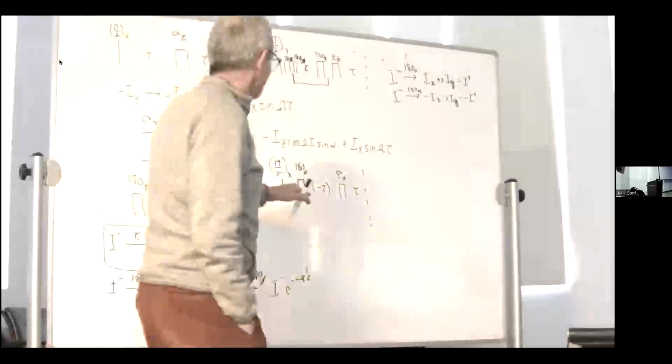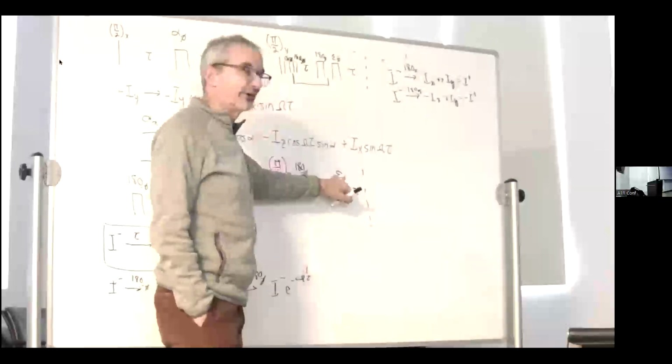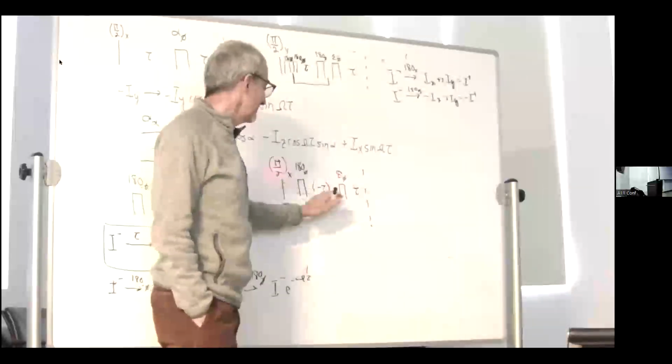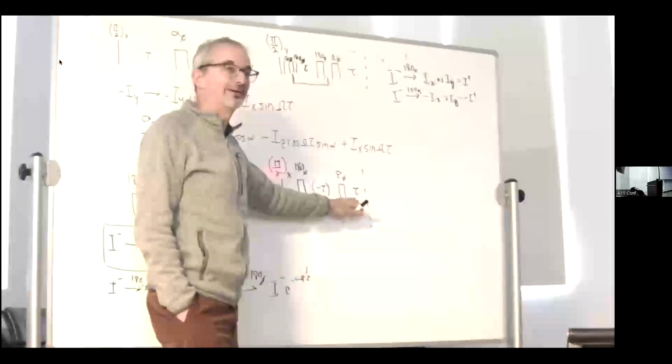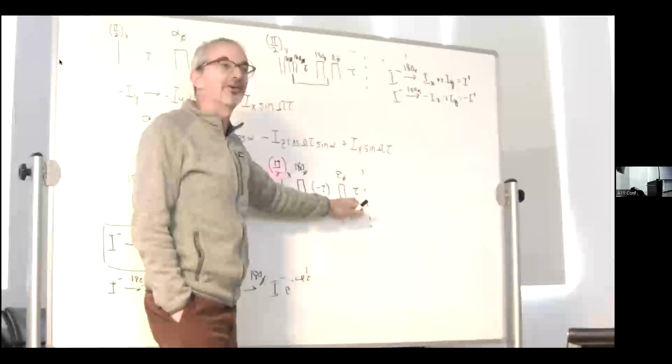You could also see what happens then right away. If it was a perfect 180, this wouldn't be here. I just have evolution by minus tau, evolution by tau, no evolution at all of the chemical shift.